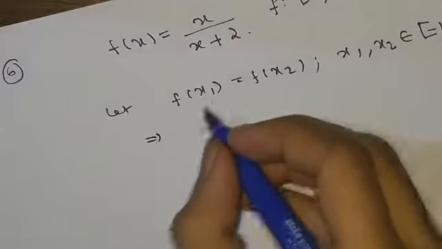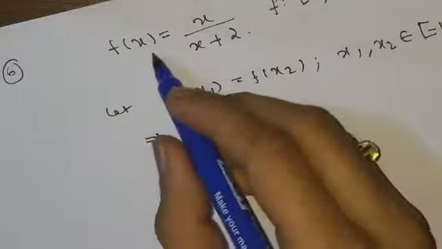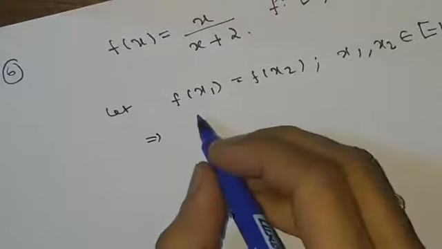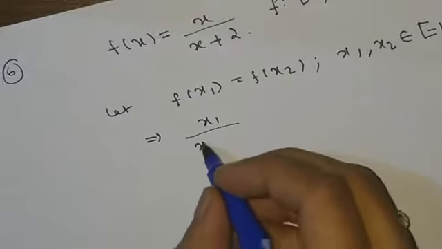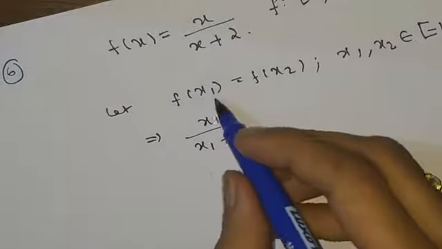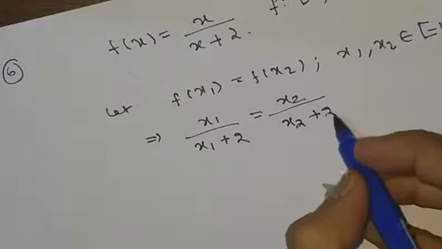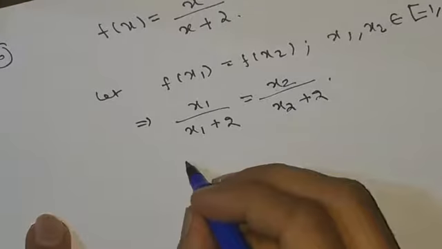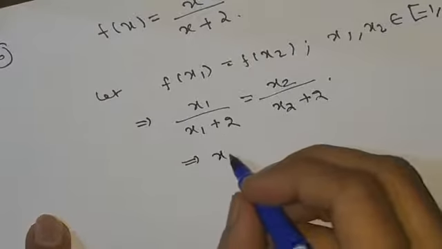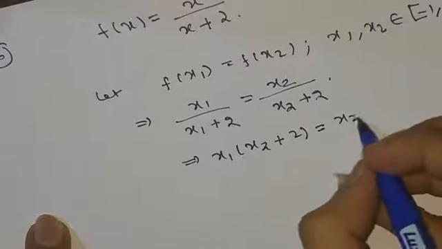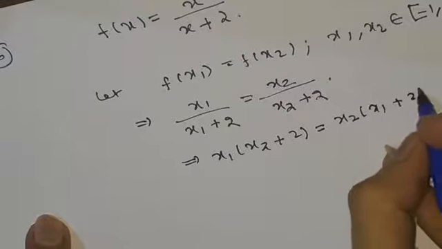Now by the definition of the function, which is x by x plus 2, you get x1 by x1 plus 2 equal to x2 by x2 plus 2. Now if we cross multiply this, you will get x1 multiplied by x2 plus 2 equal to x2 multiplied by x1 plus 2.